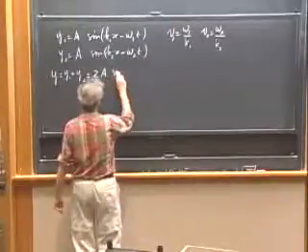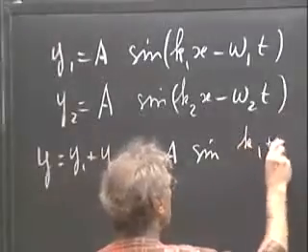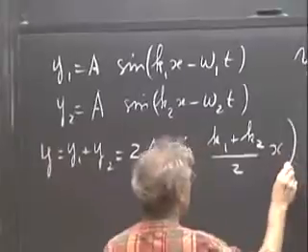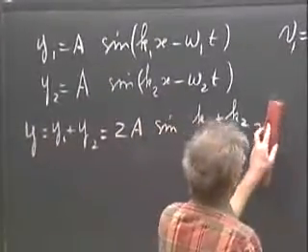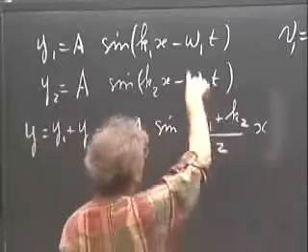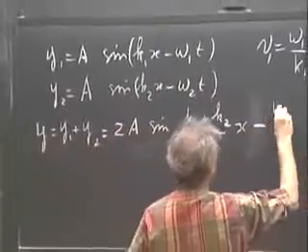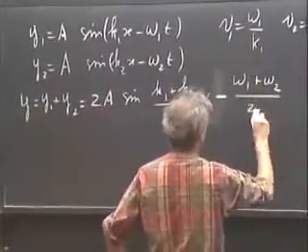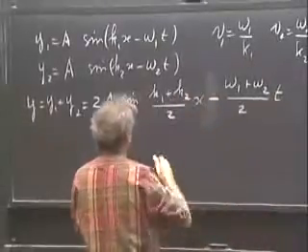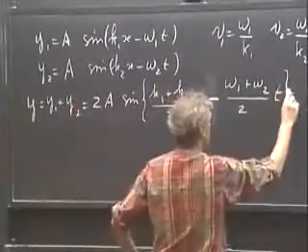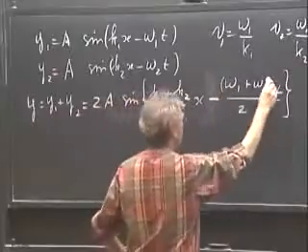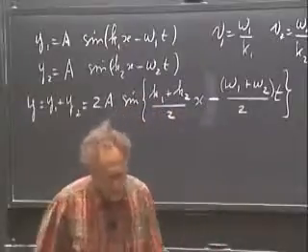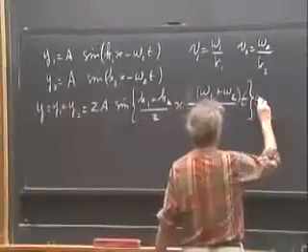And so that gives me the sine of (k1 plus k2) divided by 2 times x, minus (omega 1 plus omega 2) divided by 2 times t. So that is the sine of half the sum. I should put brackets here so that the minus sign holds for here and for there. And I have to multiply by the cosine of half the difference.